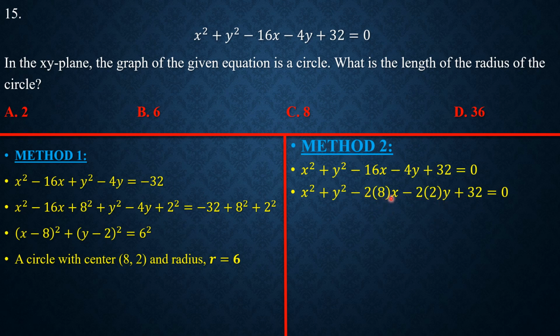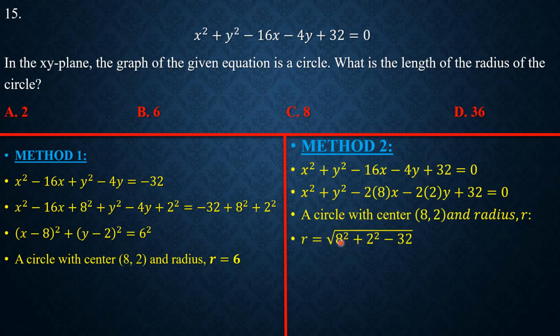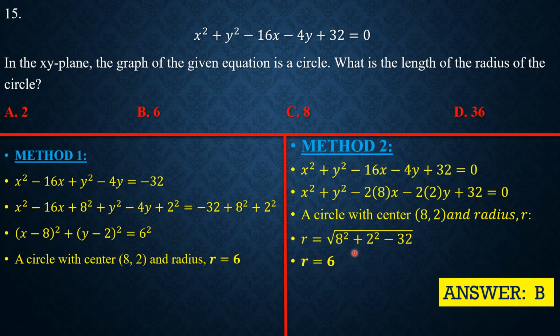So the -2x coefficient is basically 8, and the -2y coefficient is 2, so the center of our circle is 8 comma 2. The radius of the circle would be the square root of the coordinates of the center squared minus this constant term. So we have 8 squared plus 2 squared minus the constant term, square root, so we actually have r to be 6. So either way it gives you the answer B.